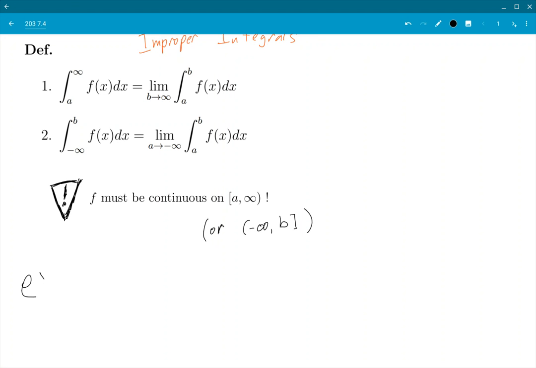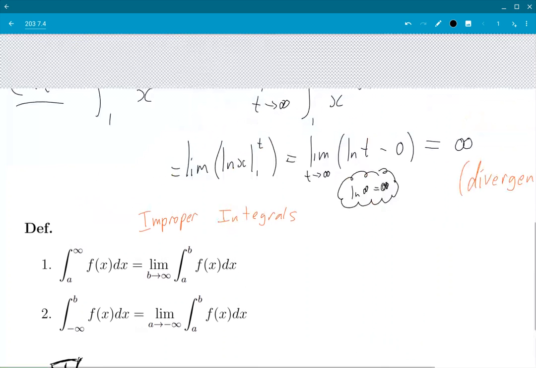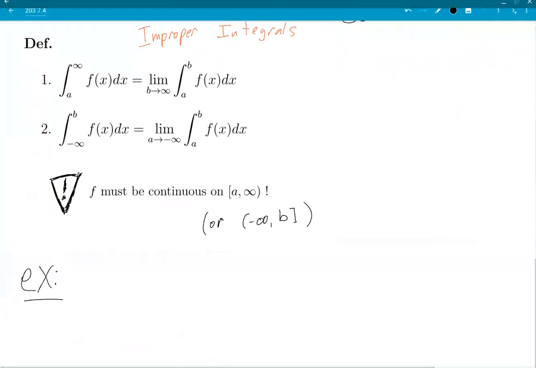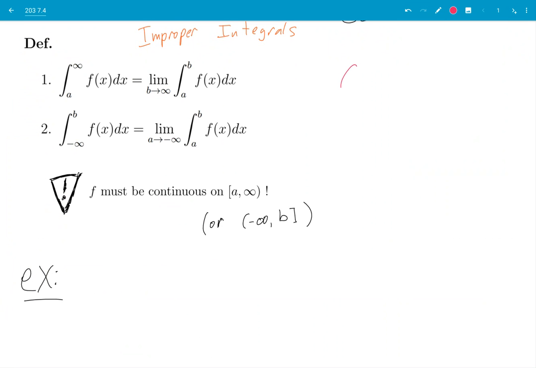So again, I want to repeat, convergent means, maybe it's worth writing this down in a nice color here. Convergent means I get a number.